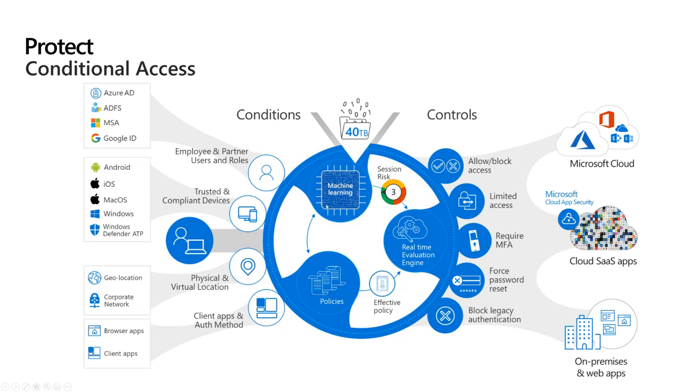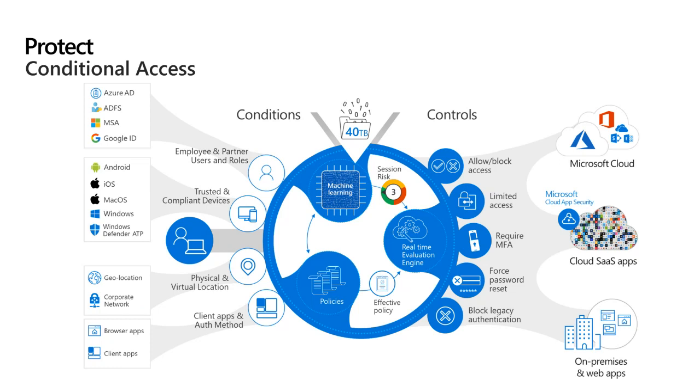There might also be some session controls and real-time evaluation engines, and it checks to make sure that, against the policy we have, the user using that device is able to access those resources securely.